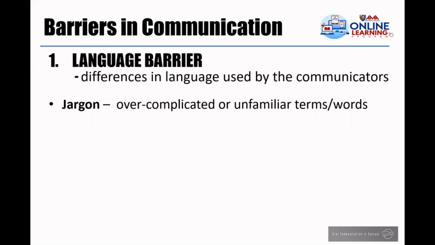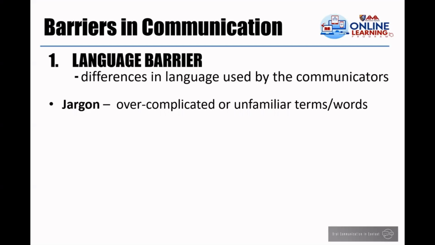An example for this is jargon. These are overcomplicated or unfamiliar terms or words. Basically, jargons are words that are used in a specific field. Like for example, in the field of engineering, in the field of medicine, in the field of education or teaching, we have different jargons or words that we use in our own profession only.